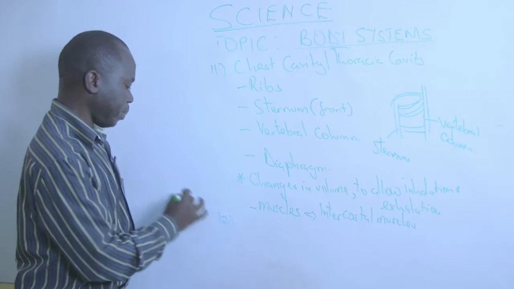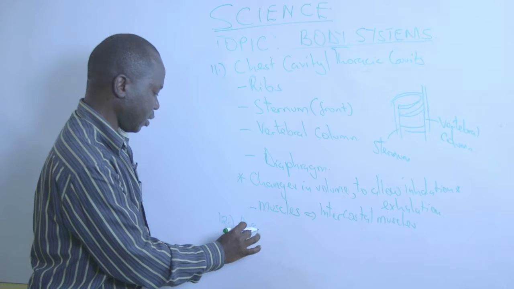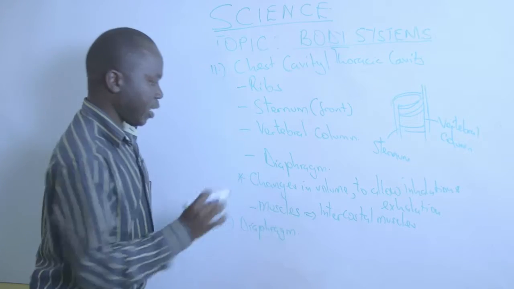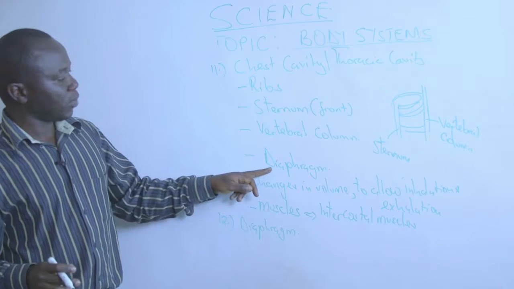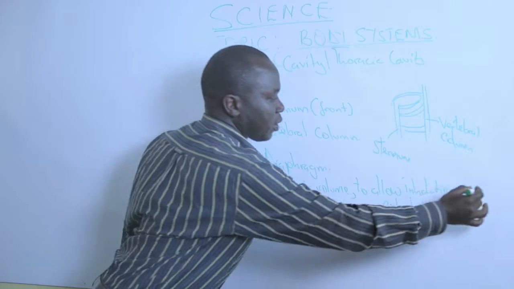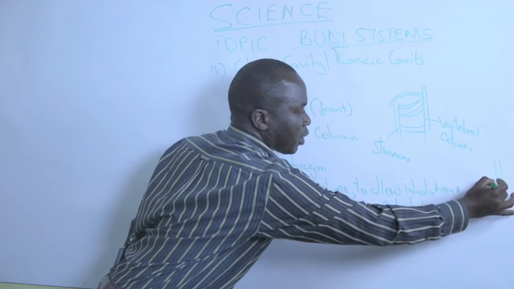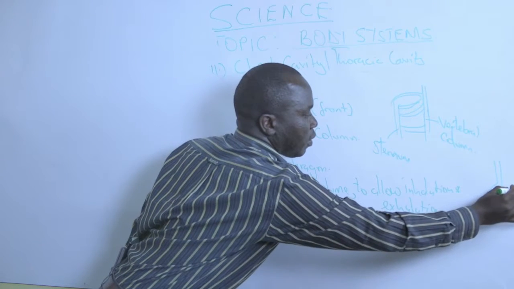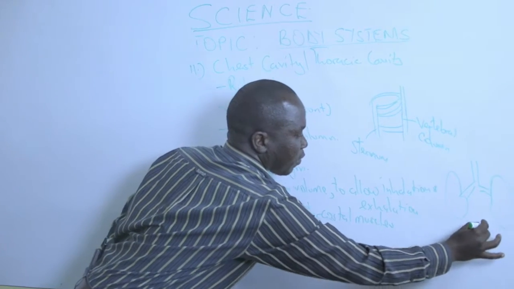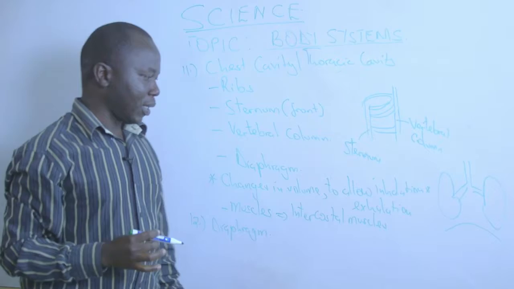And then the last part that we can look at is the diaphragm. What is this? We have said the diaphragm is part of the chest cavity. But where is it found? If we have the lungs, a small sketch here, if these are lungs, the diaphragm is found at the lower part of the lungs.